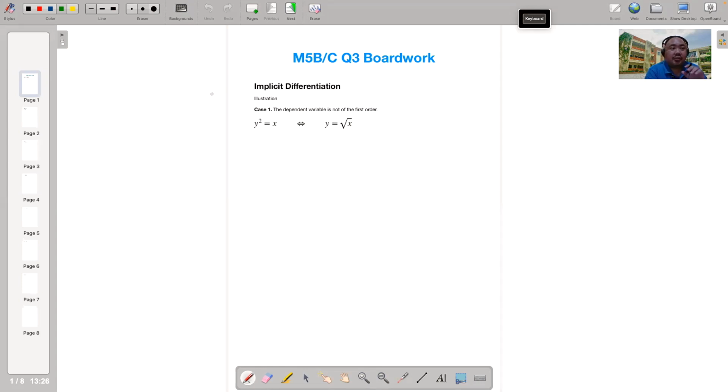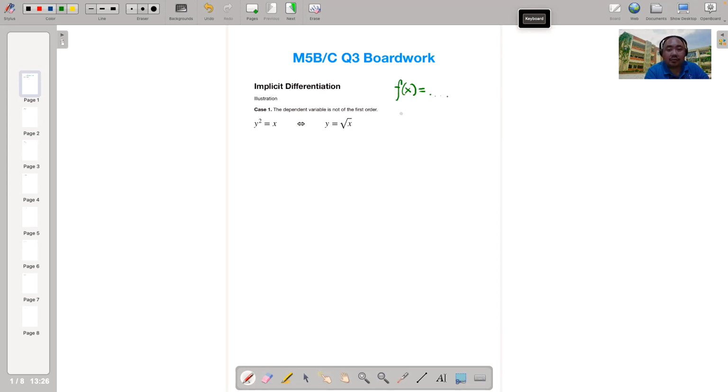Since we began our treatment of functions in quarter one, up until the last meeting, we always see functions written neatly, where you have f of x is equal to some expressions containing only x's.